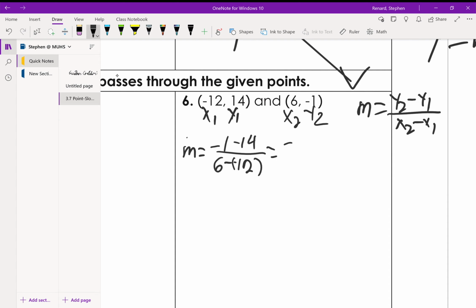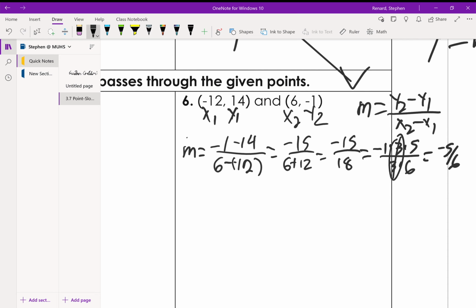So this turns into negative 15 over 6 plus 12, or negative 15 over 18. Now I'm going to rewrite negative 15 as negative 1 times 3 times 5. 18 is 3 times 6. Those 3's, 3 divided by 3 is 1. So this turns into negative 5 over 6.